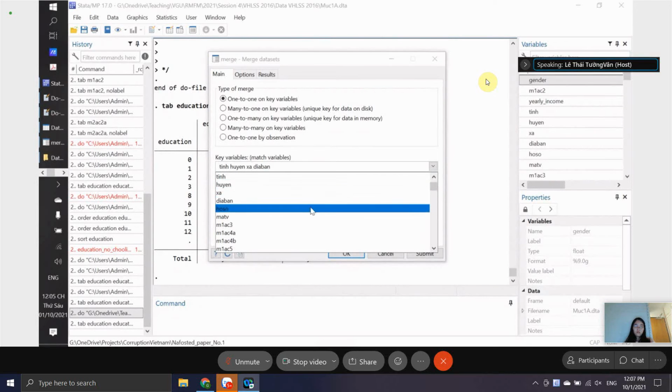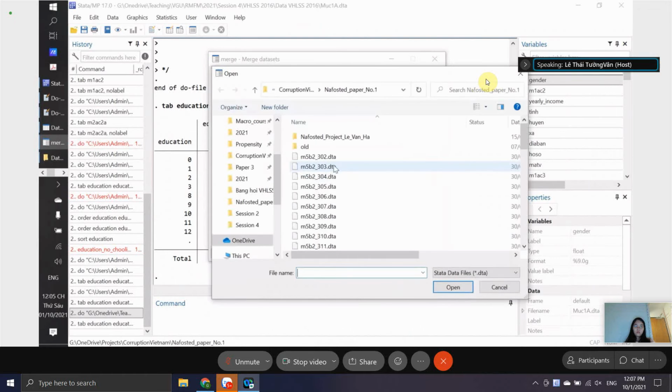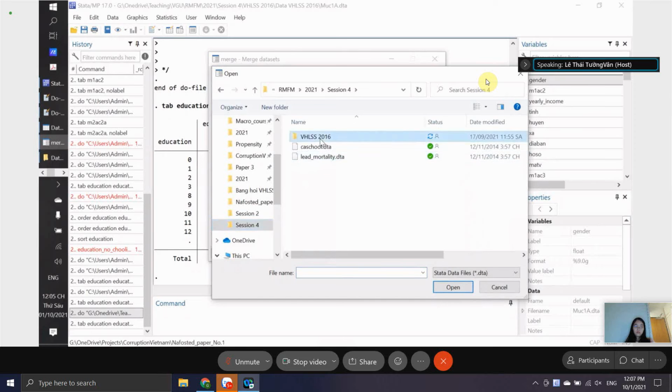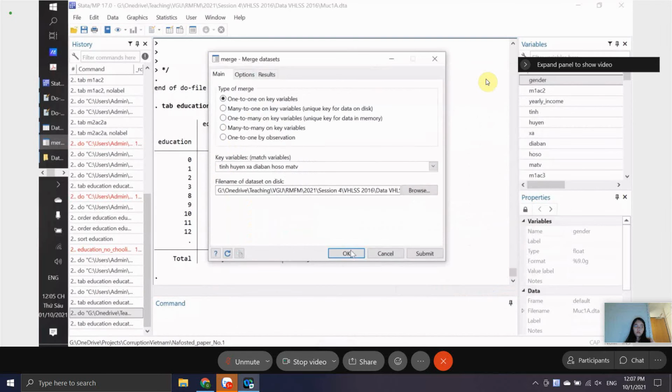Those are the commune, area, household number and so on. Okay, and then you choose the using variable. You click on OK.